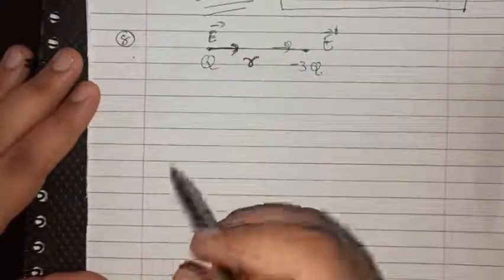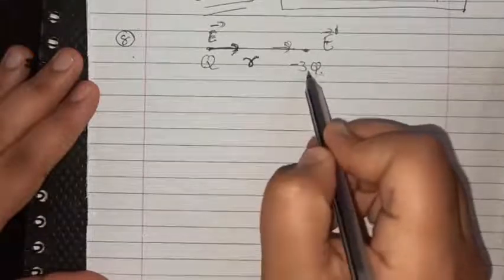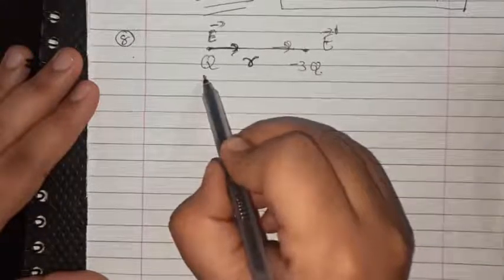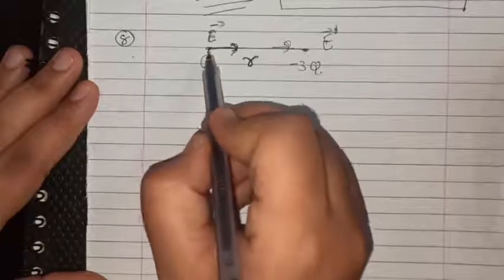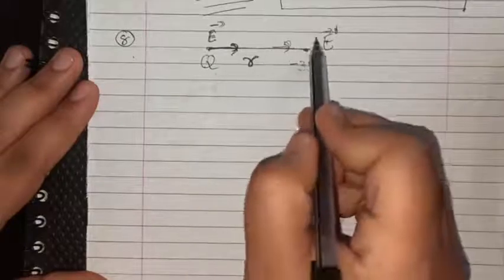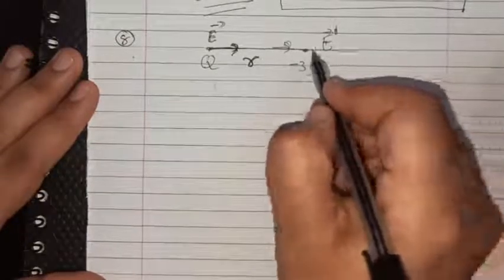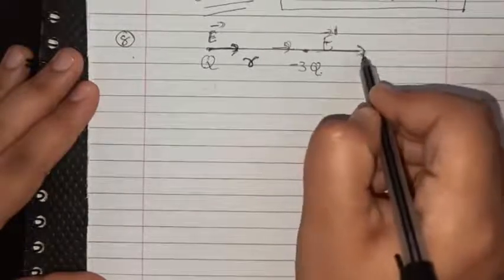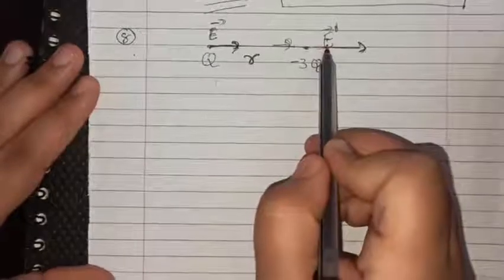Now the electric field at the point charge minus 3Q is due to charge Q. The direction of the electric field due to a positive charge is always directed radially outward. So the electric field at minus 3Q will also be directed to the right. So the direction of E and E dash will be the same.